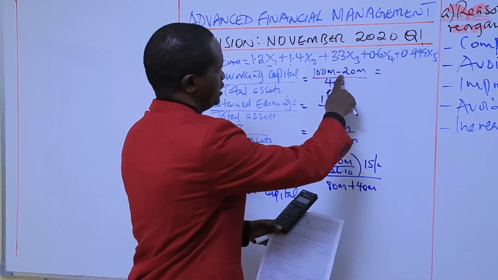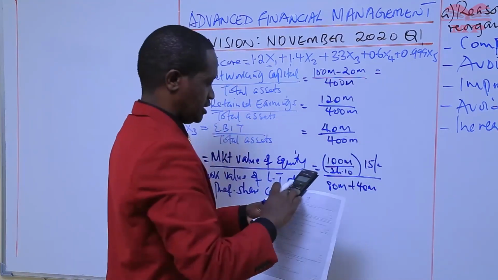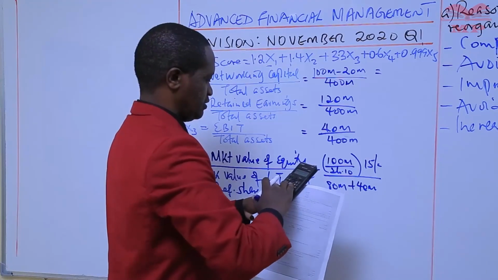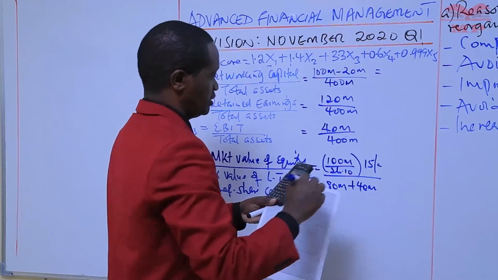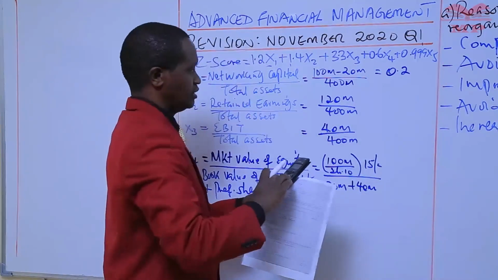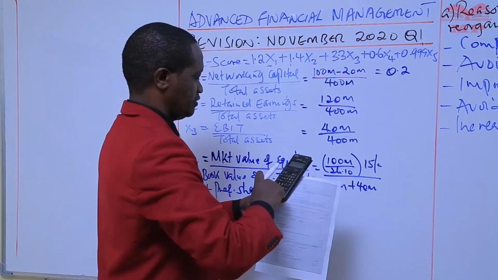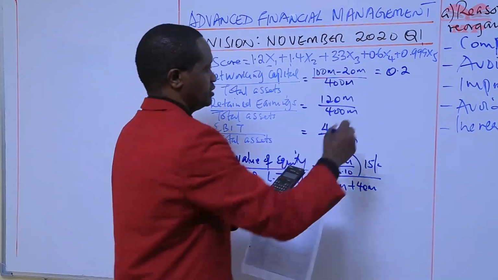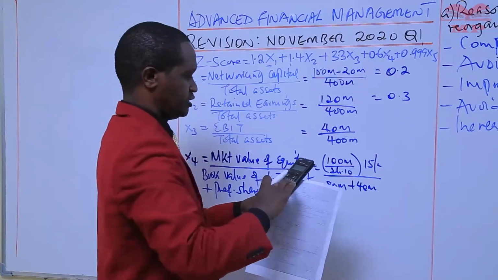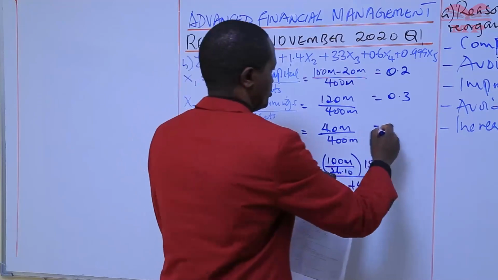So I'll divide 80 million by 400 million. X1 is 0.2, then X2 is 120 divide 400, 0.3. X3 is 40 divide 400, 0.1.